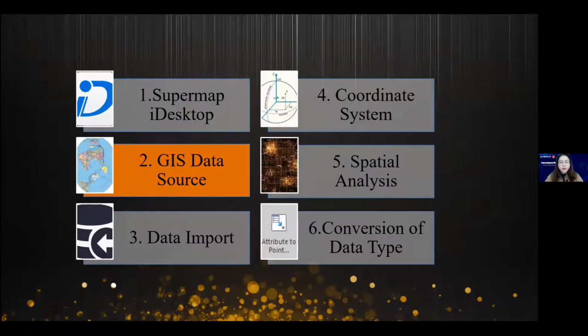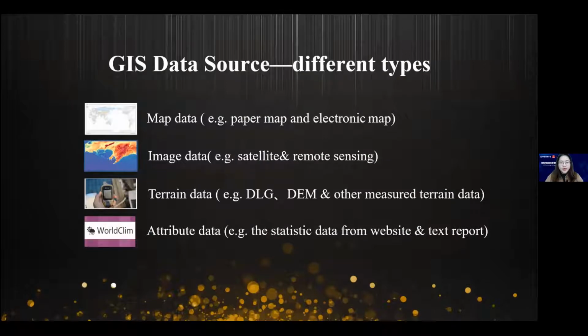So when we gain our GIS data source, including many different types, such as our map data, there's paper map and electronic map, and also image data, such as satellite and remote sensing data. And there is terrain data and attribute data, such as the statistic data from website or our text report.